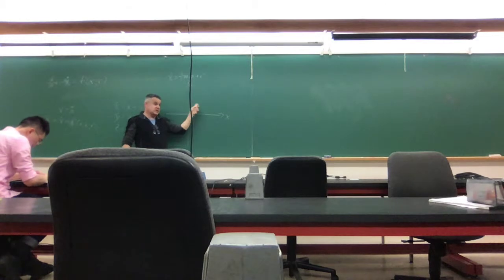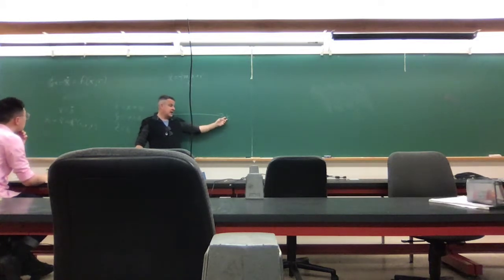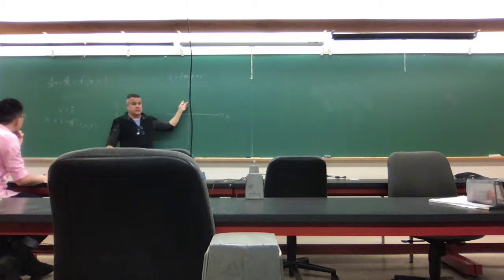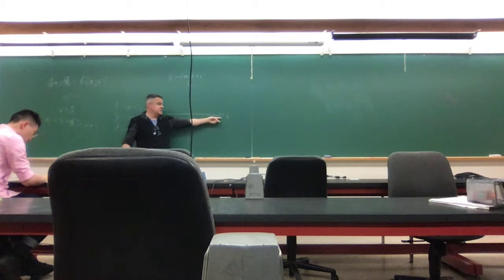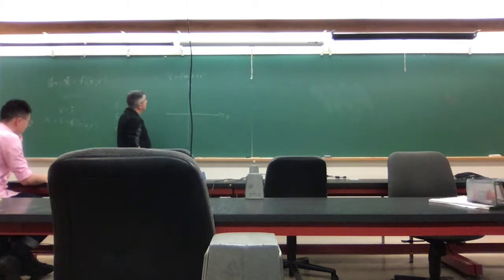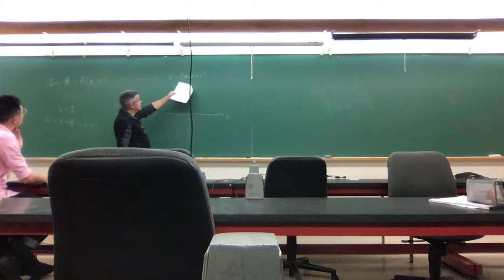This is called a phase space diagram. We're plotting x together with its derivative. Okay? So you could think of this as position and velocity if you want, but this is more generic than that. Okay? So what does it look like? So this is a straight line.